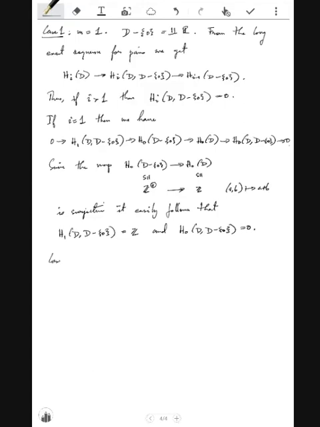So case 2, when m is strictly greater than 1.